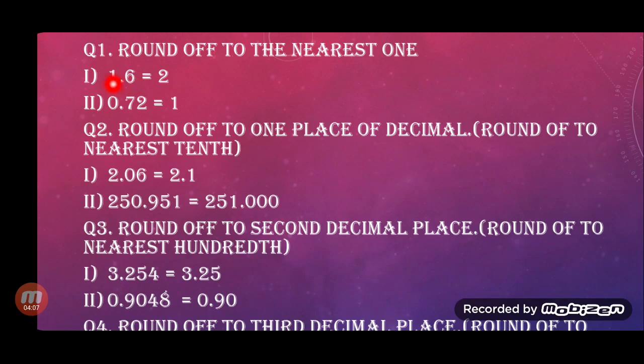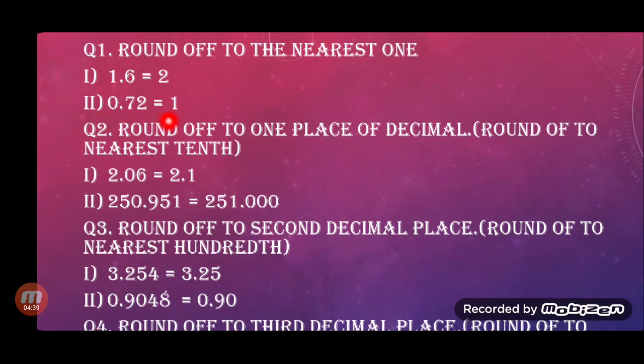So what you will do, as I told you in the rule also, you will add 1 to the rounding digit. Which rounding digit did you have to take? 1. And the digit on the right side is more than 5. So you will add 1 to the rounding digit. 1 plus 1, 2. And you will just drop all the right side digits. So the rounded number is 2.